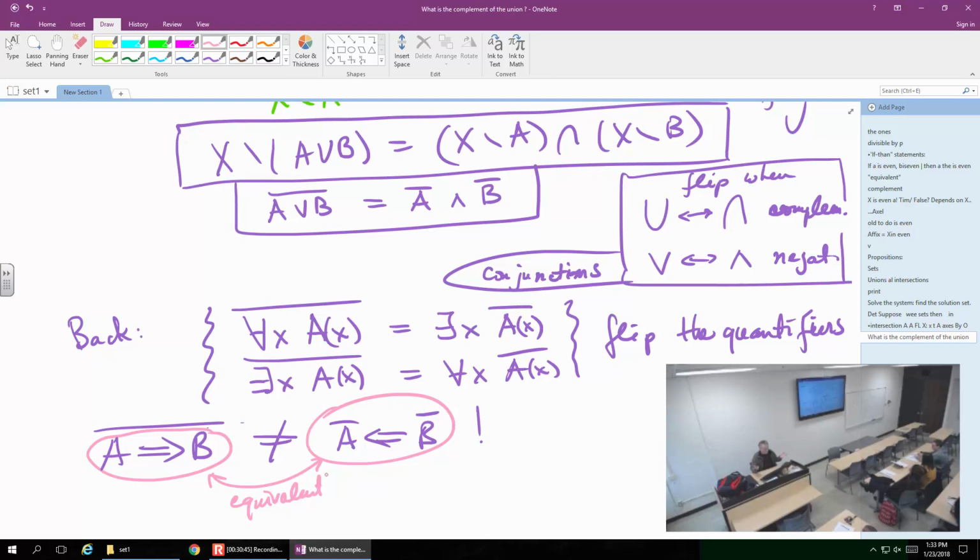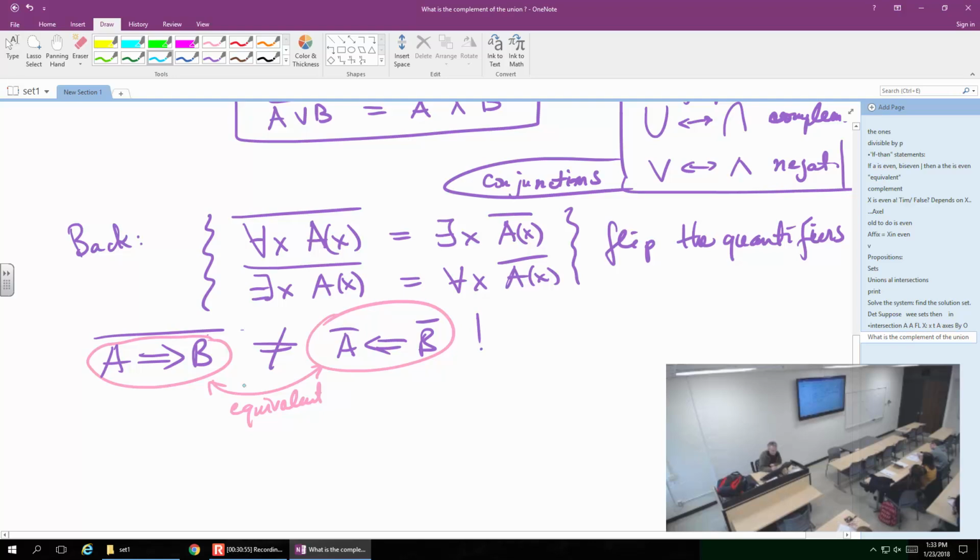Okay. Why? Well, if it doesn't seem logical, it certainly takes some time to get used to, but it's easy to see if you go with sets. So remember how A implies B means that A is a subset of B, right?